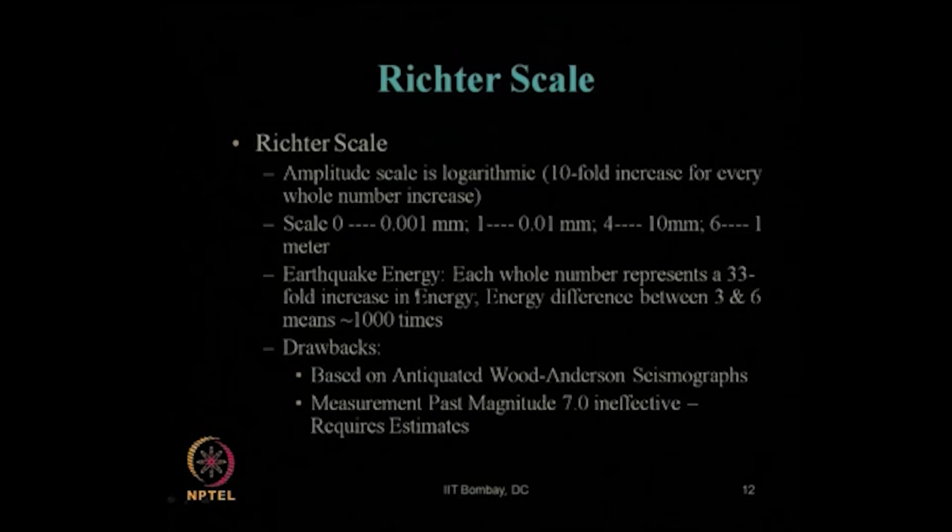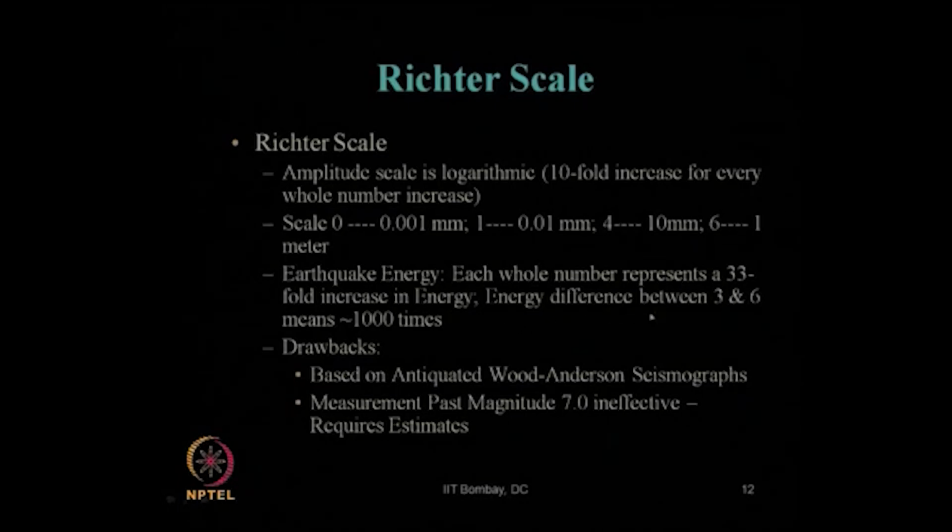And in terms of earthquake energy, because this magnitude scale is always related to the earthquake energy which is getting released during that earthquake, each whole number of Richter scale will represent a 33 times increase in the energy. That means, Richter magnitude of 3 to Richter magnitude of 4 will differ by a 33 times increase in the release of earthquake energy.